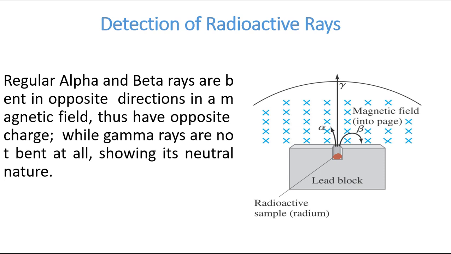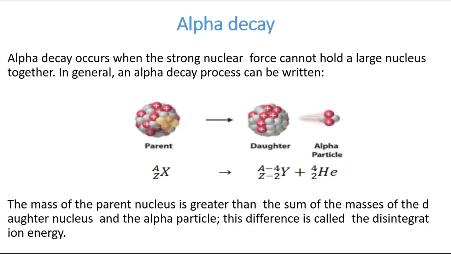So they are charged particles. The gamma rays are not deflected, which means they have no charge. Gamma rays are just like electromagnetic radiations, like X-rays or radio waves, but of high energy.